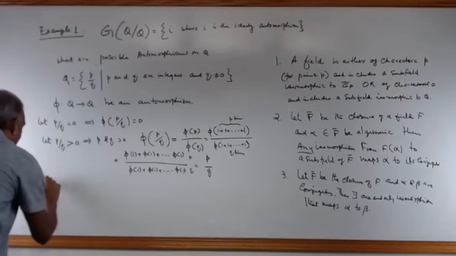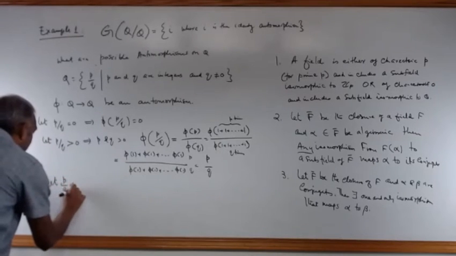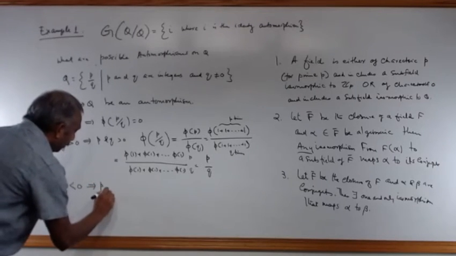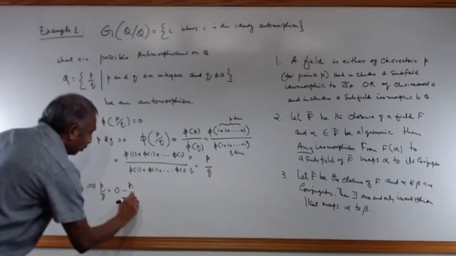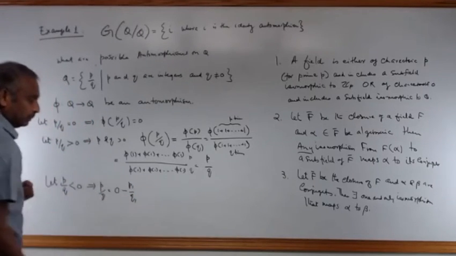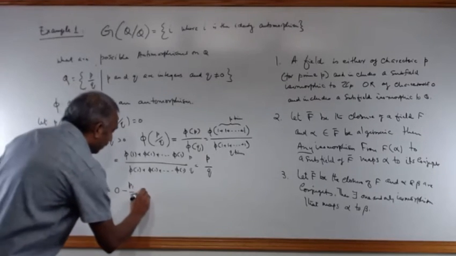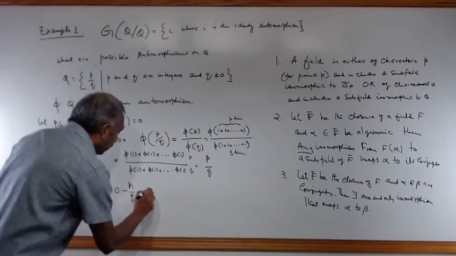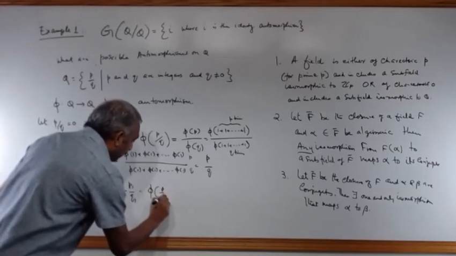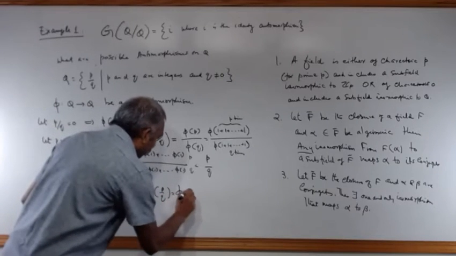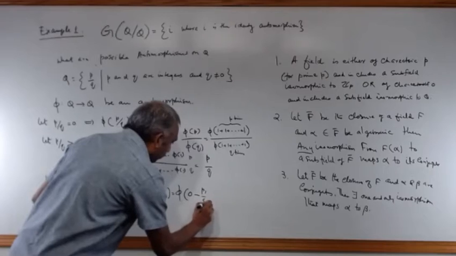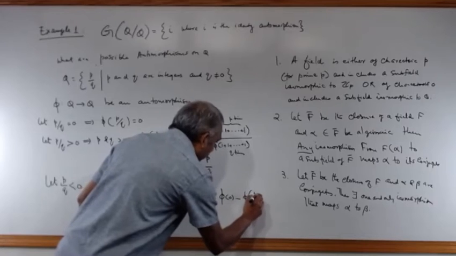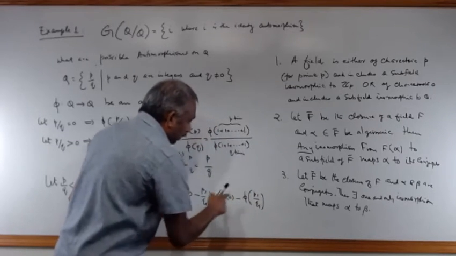Now let's take p by q less than 0. That implies p by q is equal to 0 minus p1 by q1, where p1 by q1 is positive. We can apply the same rule: phi of p by q is equal to phi of 0 minus p1 by q1, which is equal to phi of 0 minus phi of p1 by q1, where p1 by q1 is positive.